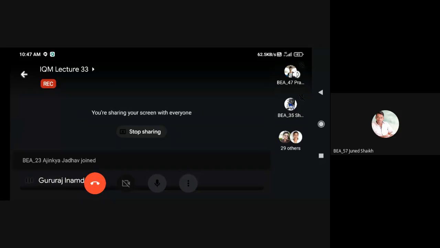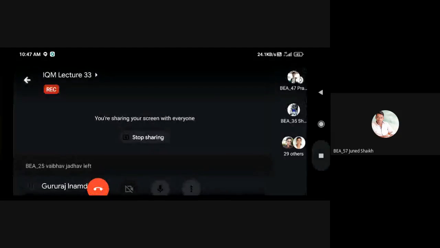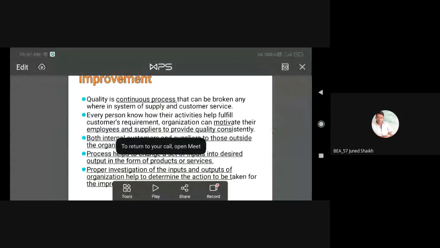Continuous process improvement is essential for the management sector. As we are managers, we have to think on that, and make whatever innovations the market requires, or as the market changes.